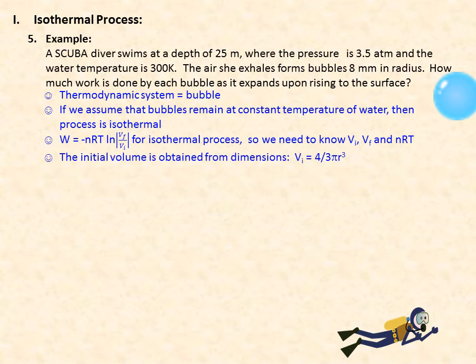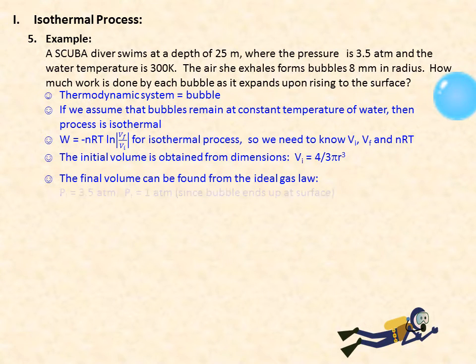So the initial volume of the bubble, well, that's easy. We can determine that from the dimensions that are given, considering each bubble to be a sphere of radius r. So that initial volume is simply 4/3 pi r cubed. So that's done. The final volume of the bubble, we can find by applying the ideal gas law.